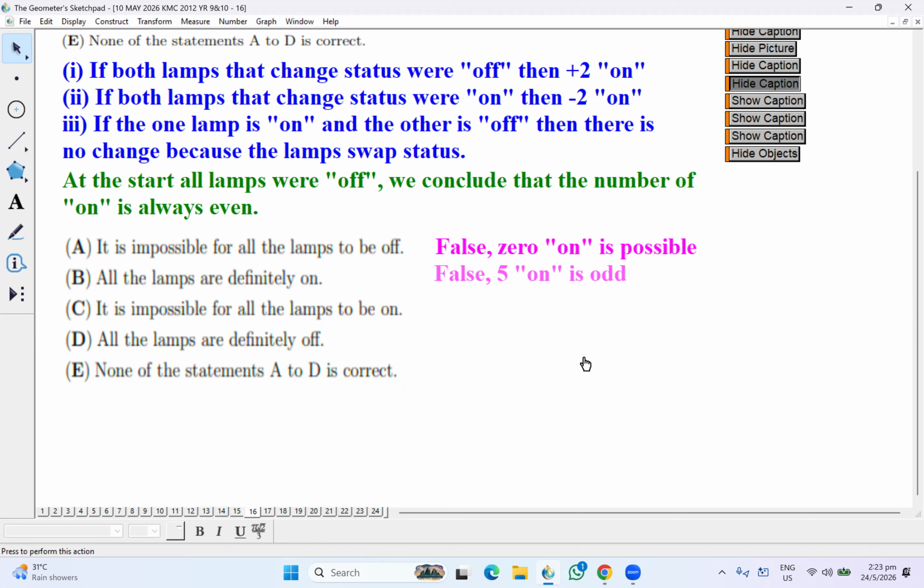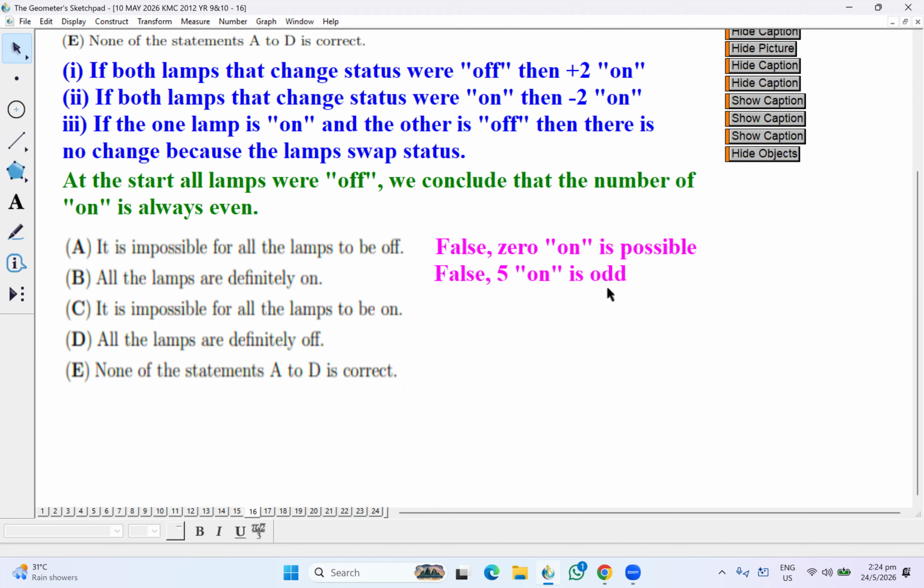Then, all lamps are definitely on. You say false because when all on, the number on is odd. We already said the number on can never be odd, always even. So if all on, then 5 on. 5 is an odd number.